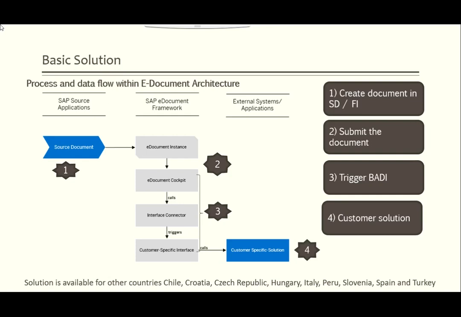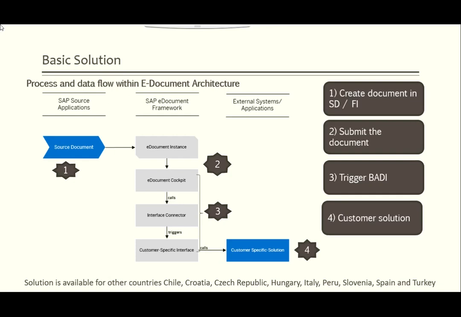In the third column we have the external system, and once the data is ready for transmission, we can use the external system or application to transmit those data to PAC and to SAT.